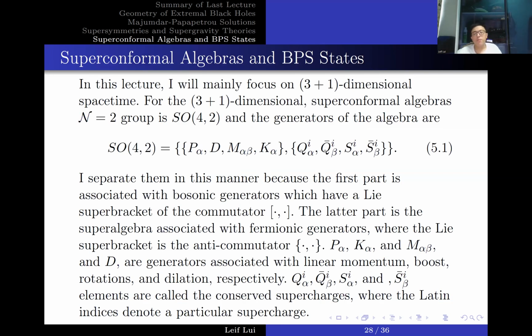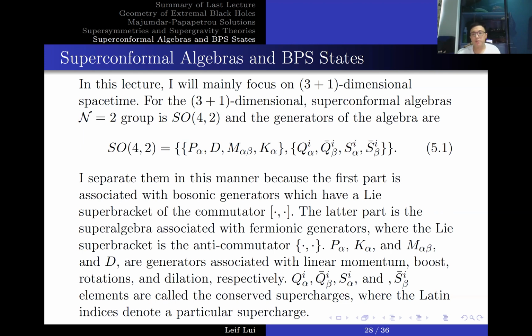In this lecture, I will mainly focus on 3+1 dimensional space-time. And for 3+1 dimensional space-time, the superconformal algebra for N=2 is the group SO(4,2). And the generators of the algebra are as follows. I separate this into two because superconformal algebras are different to conformal algebras.